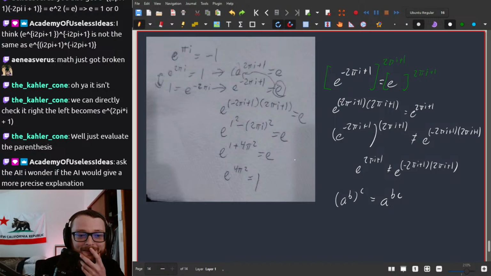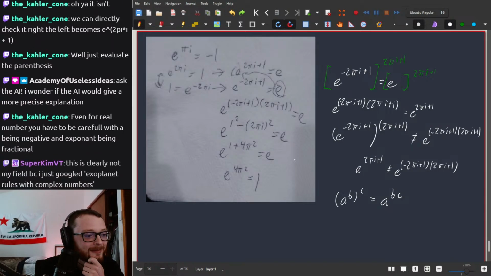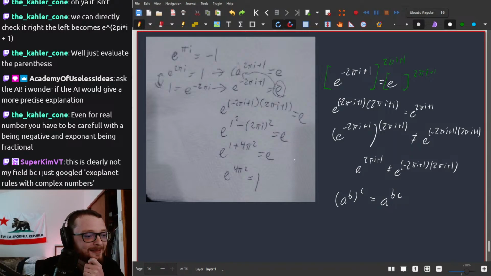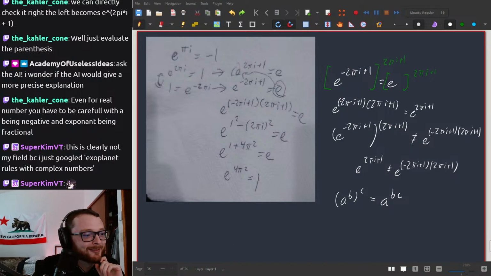But yeah, this has to be it. Exponent rules with complex numbers. Yeah, negatives and fractional exponents. I want to get my complex analysis book.